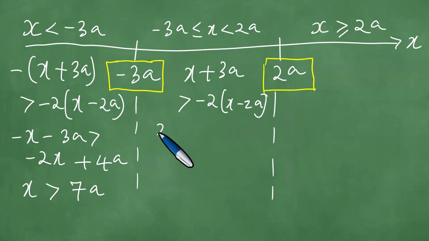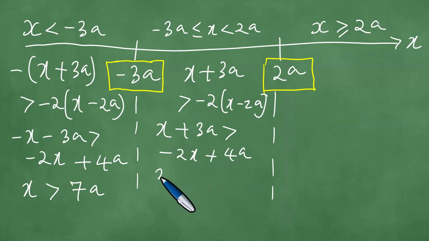Upon using the distributive law, multiplication distributes over subtraction or over addition, so that this is minus 2x plus 4a. Bring the 2x to the other side, and this becomes 3x is bigger than 4a minus 3a, which is just a.